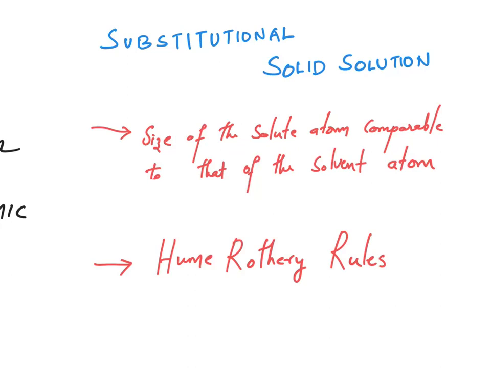Coming to substitutional solid solution, as the name indicates, what happens in this type of solid solution is that the size of the solute atom is comparable to that of the solvent atom. So once you add the solute metal into it, since the sizes are comparable, let's say I have all those four dark atoms.